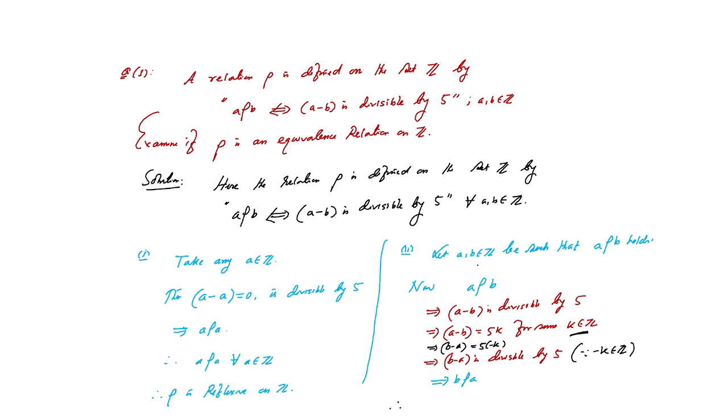We have taken any two arbitrary integers where A rho B implies B rho A. That means A rho B implies B is related to A for all A, B belongs to Z. So that means rho is symmetric on Z. Therefore, the rho relation is symmetric on Z.